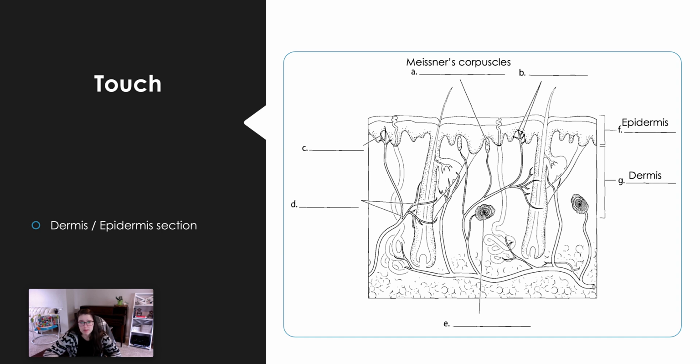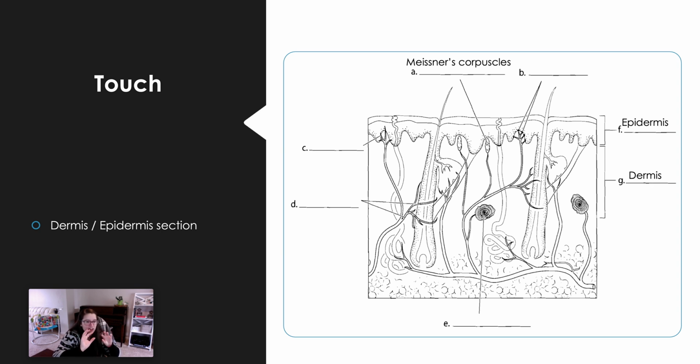The first is a mechanoreceptor called a Meissner's corpuscle. Meissner is the name of the gentleman that discovered these mechanoreceptors. And Meissner corpuscles are in the epidermis and responsible for fine touch. Think about where you're grasping or manipulating anything.